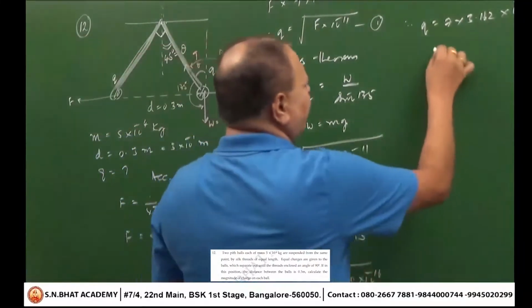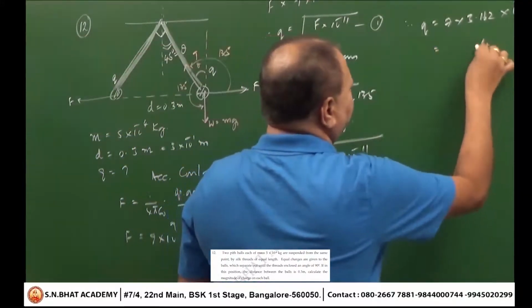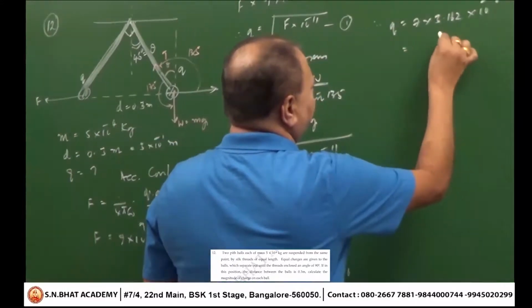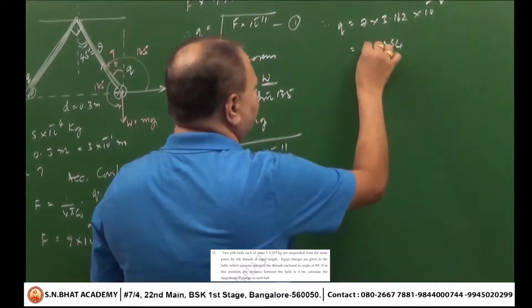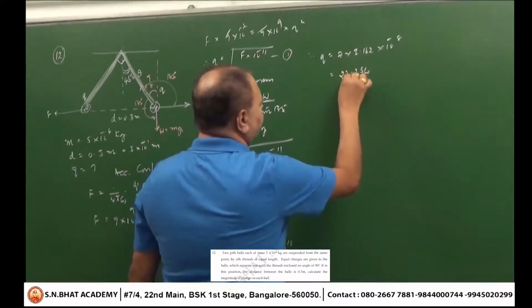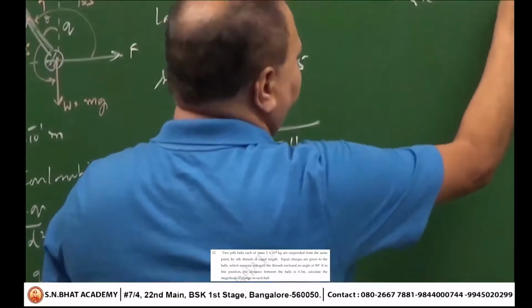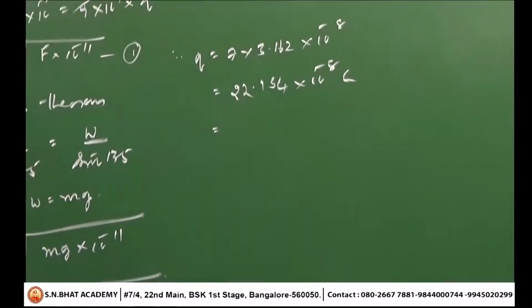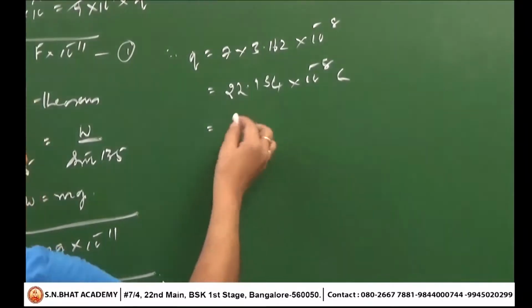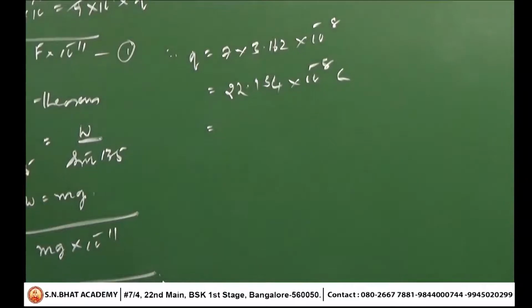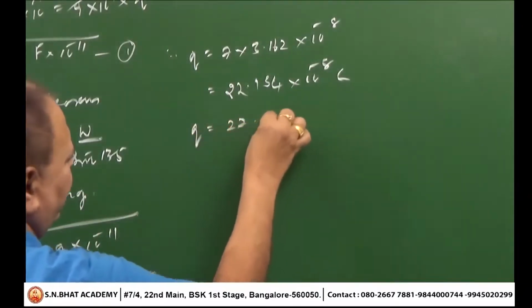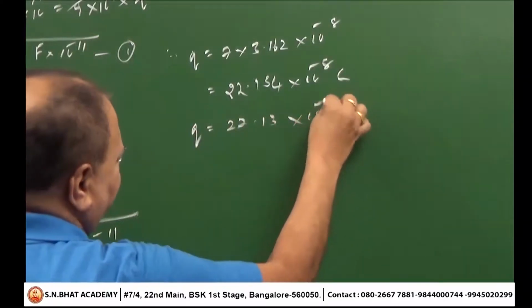And therefore your value is 22 into 10 to the power minus 8 Coulomb, or you can bring it to nano Coulomb, 221 nano Coulomb, or just put it as 22 into 10 to the power minus 8 Coulomb.